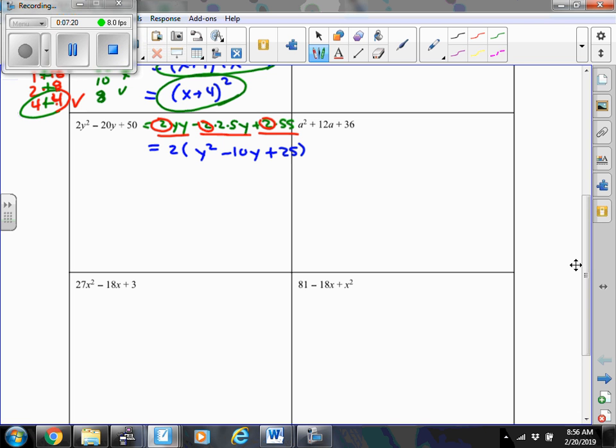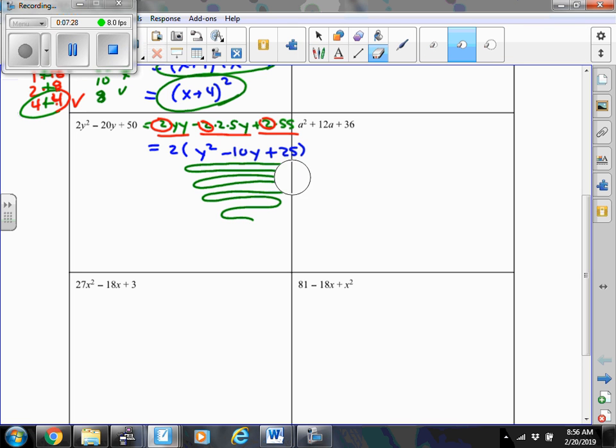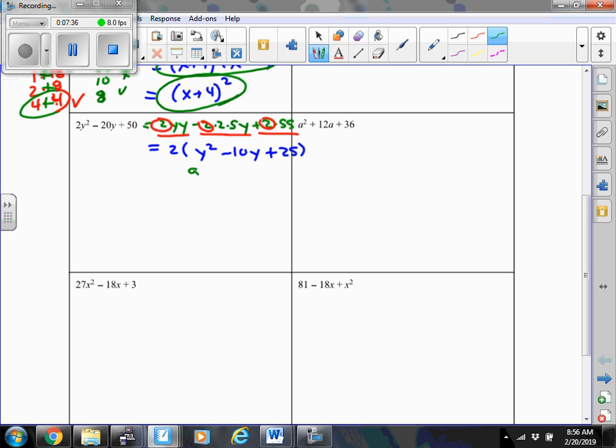Then I'll look to see, is this a binomial? Can I do the difference of perfect squares? Nope, it is not. It's a trinomial. That means there's a good chance I'm going to be able to do grouping. So let's look at this carefully. Y squared minus 10y plus 25.